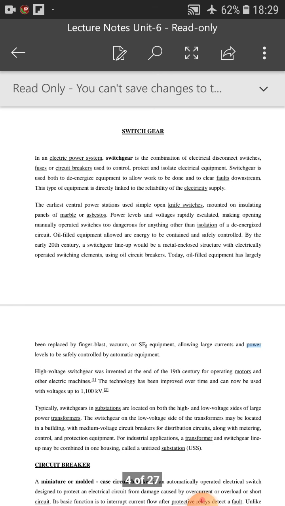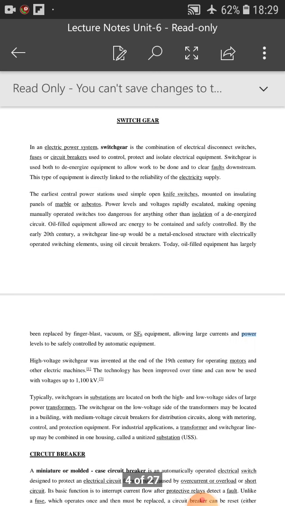The earliest central power stations used simple open knife switches mounted on insulating panels of marble or asbestos. Power level and voltage rapidly scaled up, making manually operated switches too dangerous for anything other than isolation of a de-energized circuit. Oil-filled equipment allowed arc energy to be contained and safely controlled.